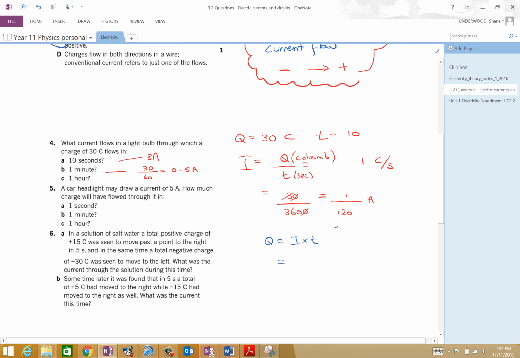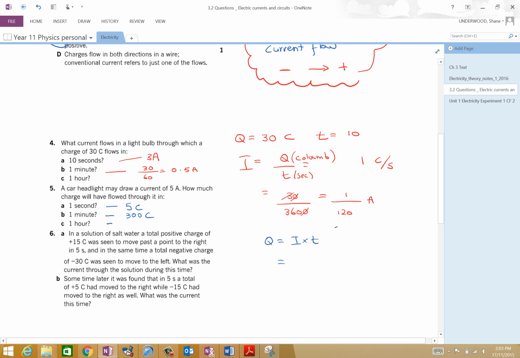So for 1 second, we've got 5 times 1, which is 5 coulombs. Is that right? 1 minute: 5 times 60, 300 coulombs.